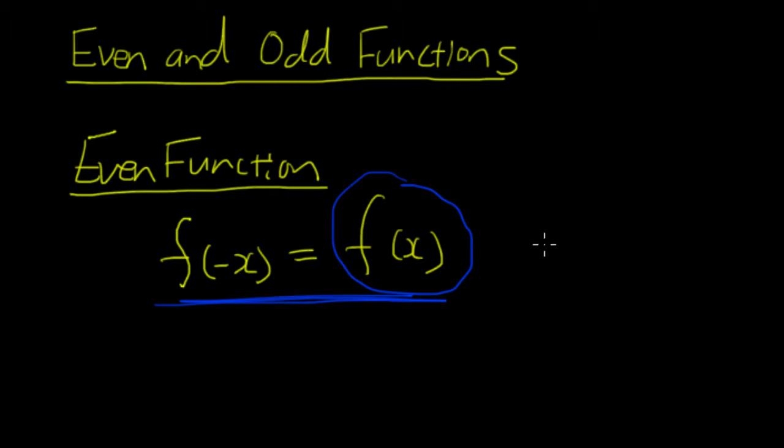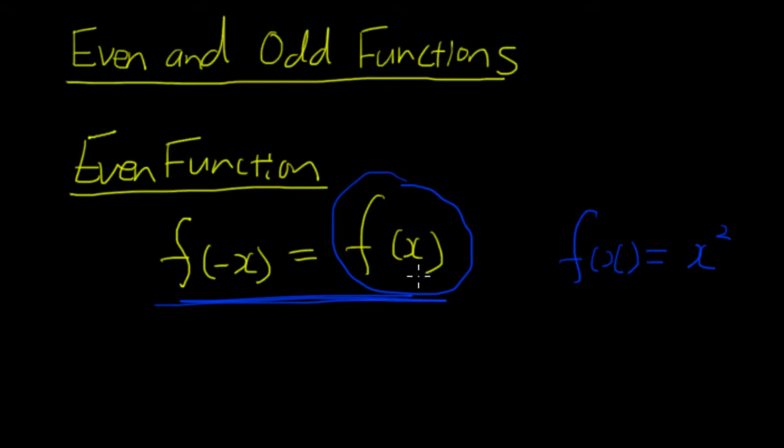So let me give you an example. Let's say f of x equal, say, x squared. f of x is x squared. Now, what even function is saying is this.